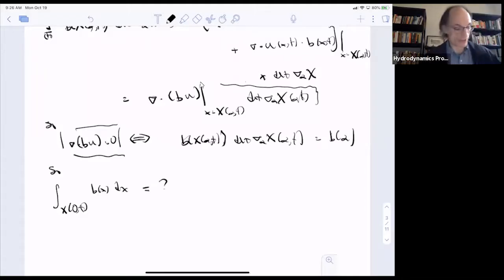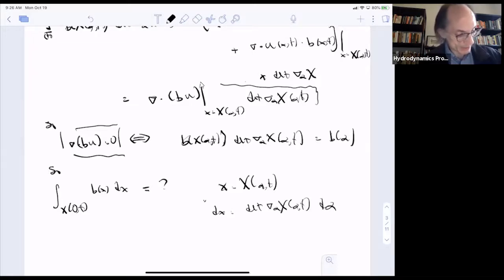I'll just do the obvious change of variables. I'll say x is capital X of alpha, t, and then I can write, formally, dx is this Jacobian determinant times d alpha.